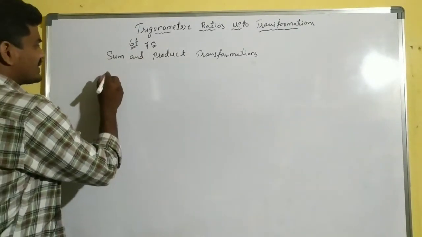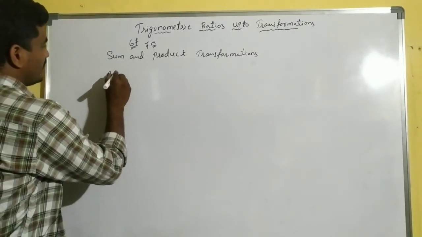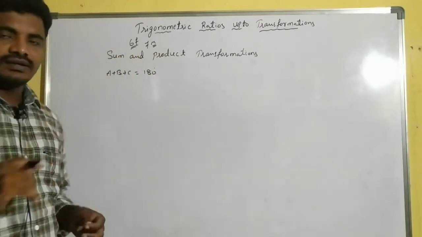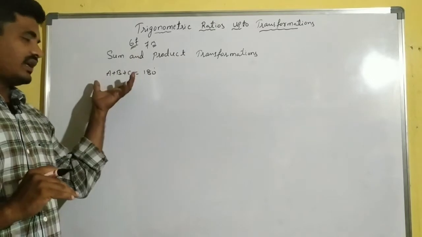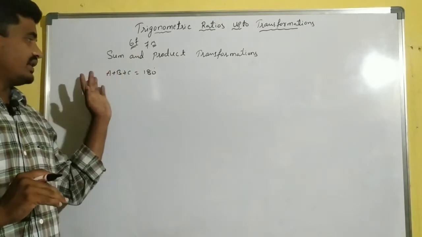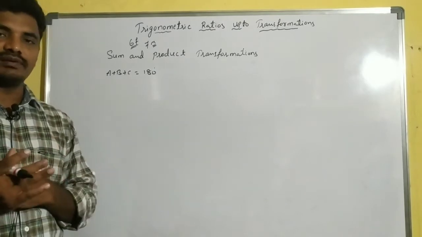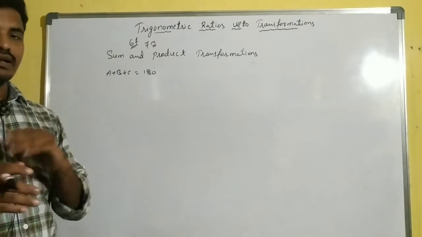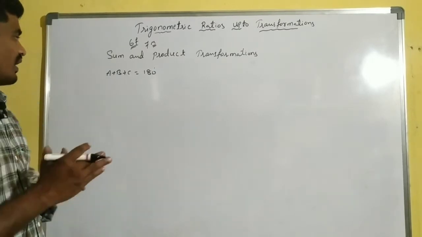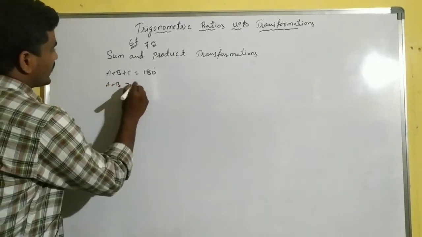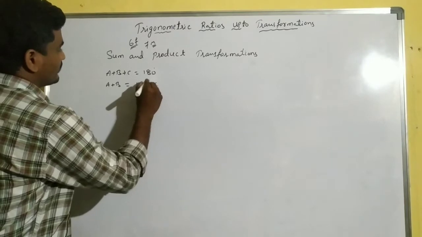When a plus b plus c equals 180 degrees, in a triangle, or any three angles, any three ratios, a plus b plus c equals 180 degrees, or else in a triangle the sum of three angles equals 180 degrees. If you take this, what happens? a plus b equals 180 minus c.